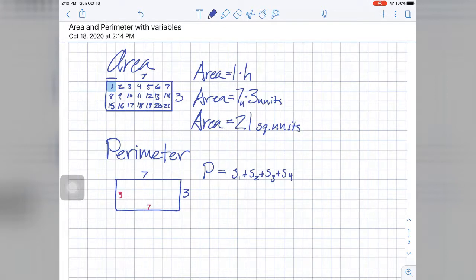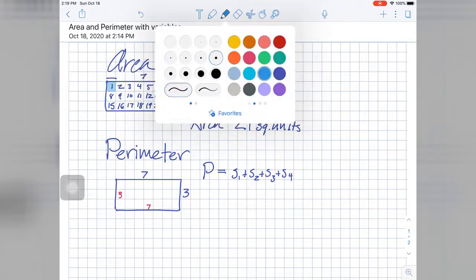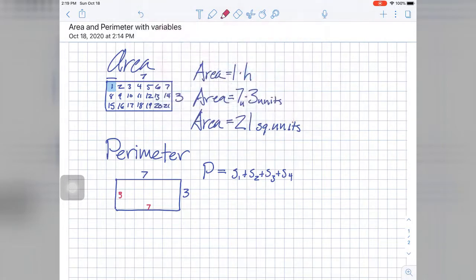And since we're adding them, the Math Antics guy said in the video, it doesn't matter what order you add them in. But I'm just going to go around it because when I visualize perimeter, I just visualize myself walking around it. So the perimeter is the length around there, and then the length there, and then the length along the bottom, and then the length back up the other side.